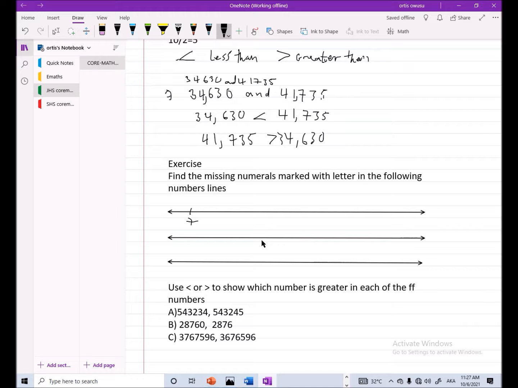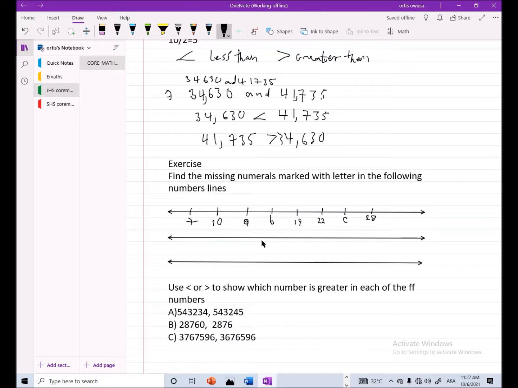We have 10 here. Then let's make A here. This is A. Then write B here. Then we write 19 here. Then we write 22 here, right? Then we write C here. Then we write 28 here.